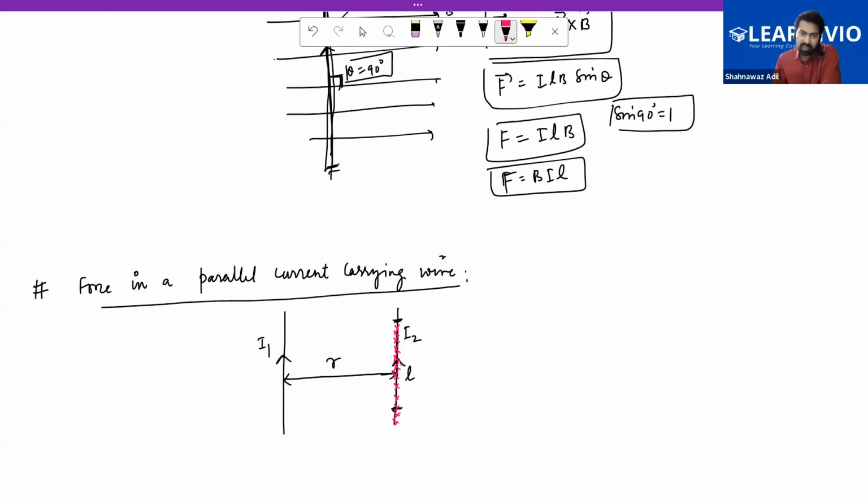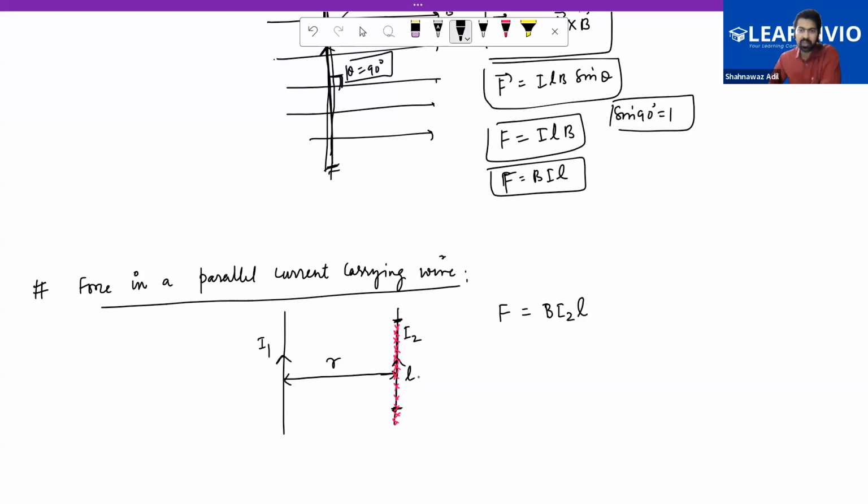The current is flowing in this way, so the magnetic force would be in this direction. Because the current is I2, the force is B I2 L.